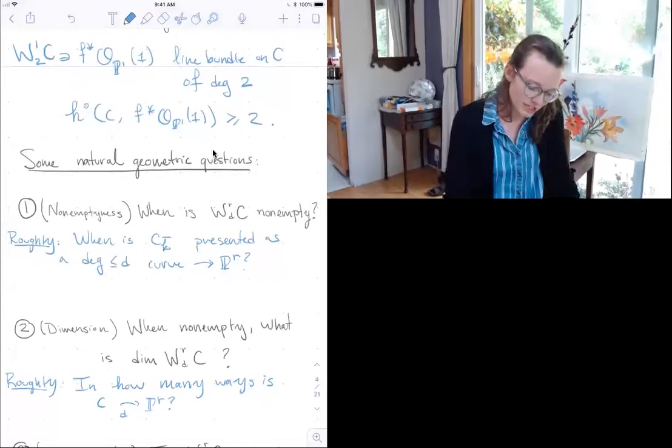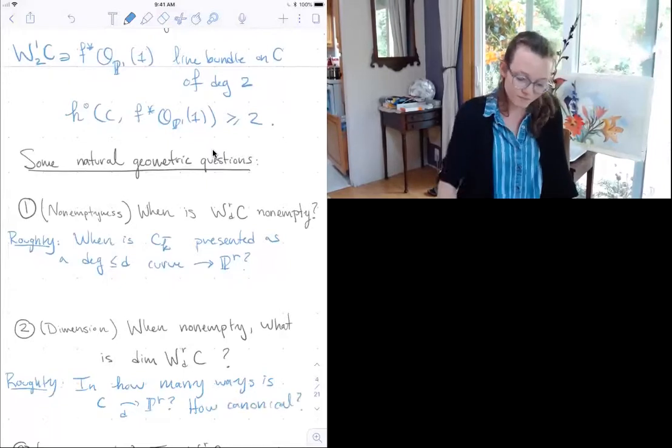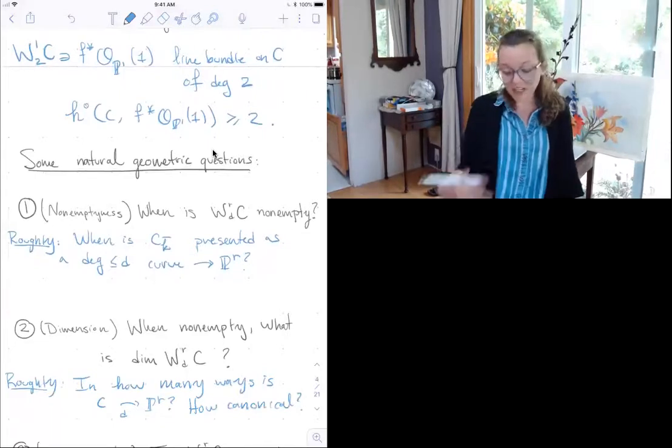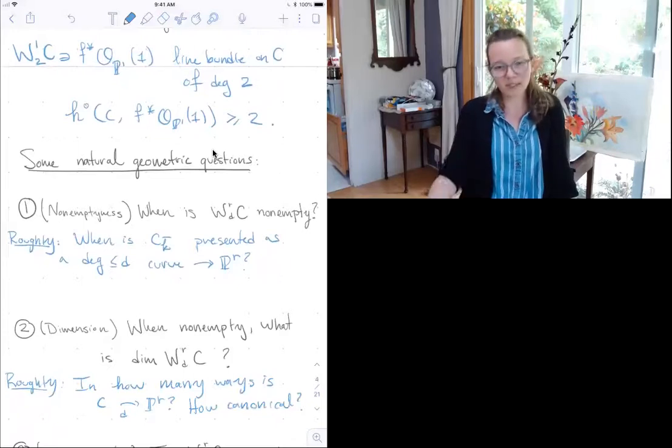Or in other words, how canonical is this map?